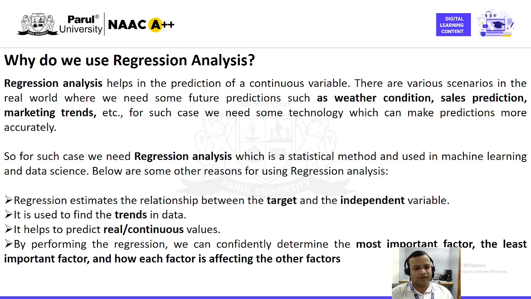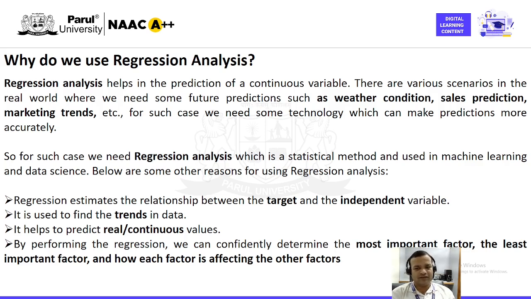By performing regression, we can confidently determine the most important factor, the least important factor, and how each factor is affecting the other factors. For example, in a weather predictor, the most important factor, I think, is temperature.